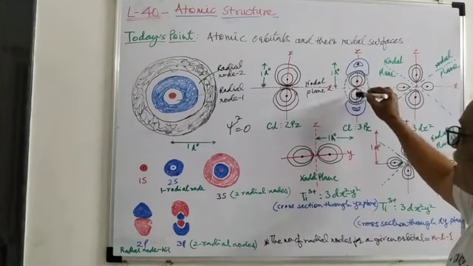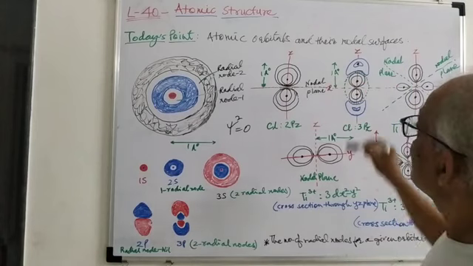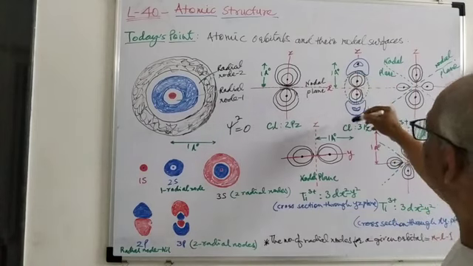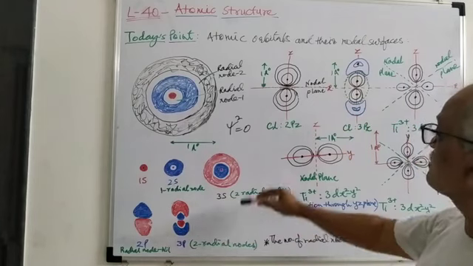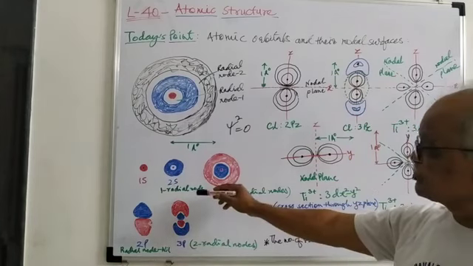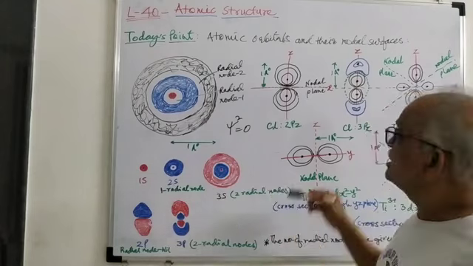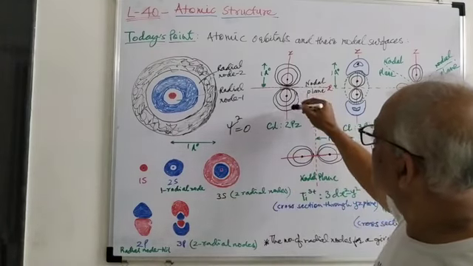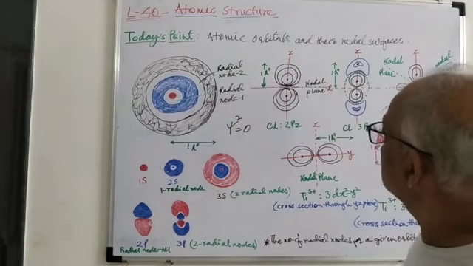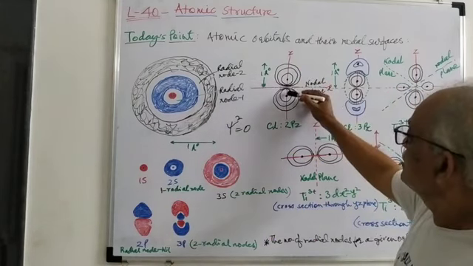It is in the spherical form, so it is called a nodal radial surface. These atomic orbitals are shown in thick color form, but they are also shown in this way, and these are also shown having the radius here.